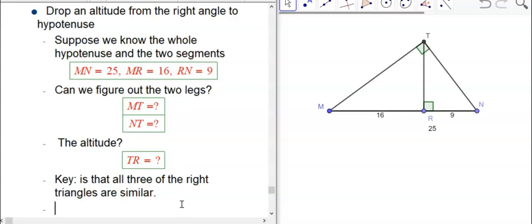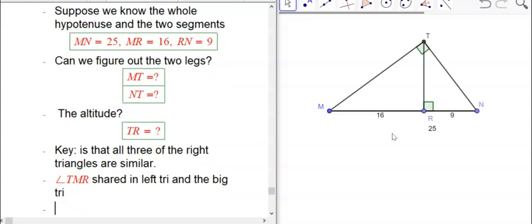So we've got angle TMR. That shows up both in the left-hand triangle and the original big triangle. So of course it's the same thing. It's the reflexivity property. And so that's shared in the left triangle and the big triangle. And of course they're both right triangles too.